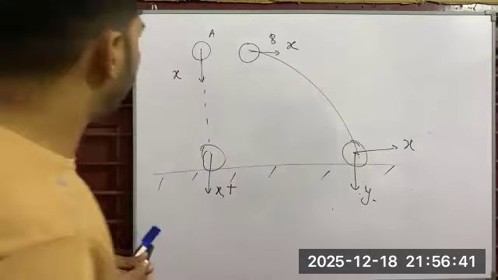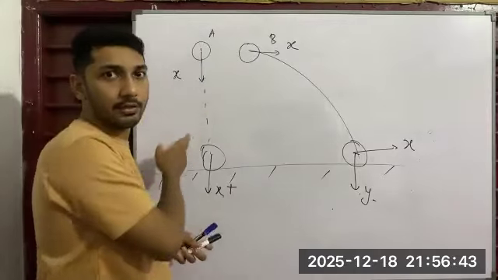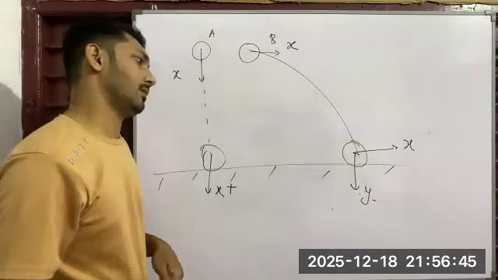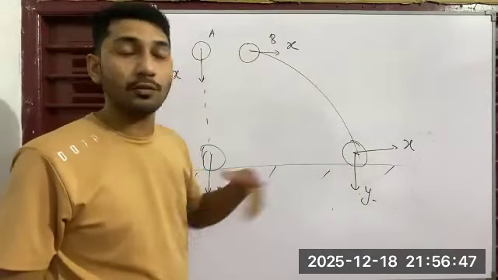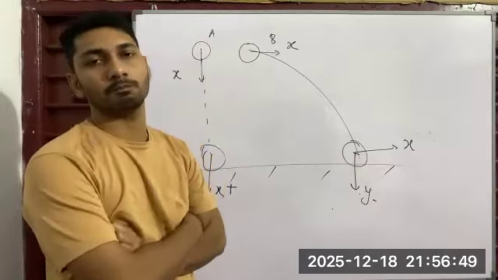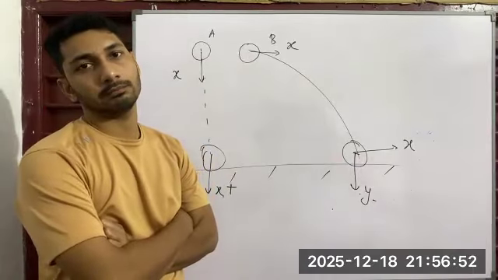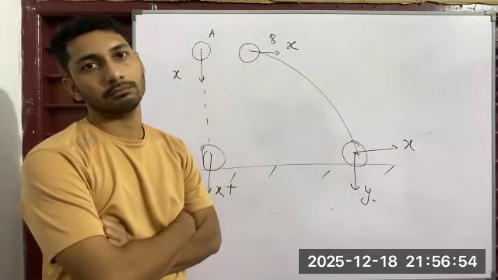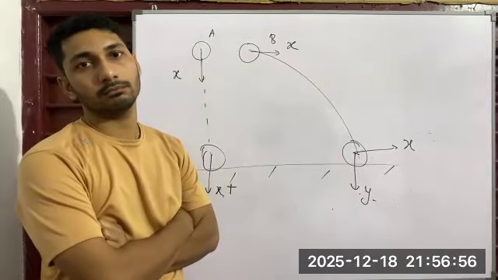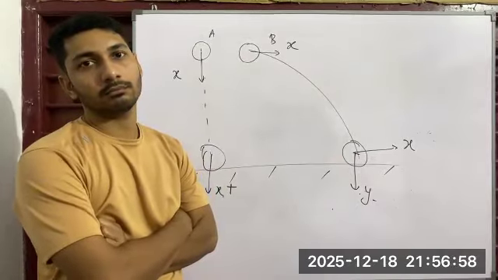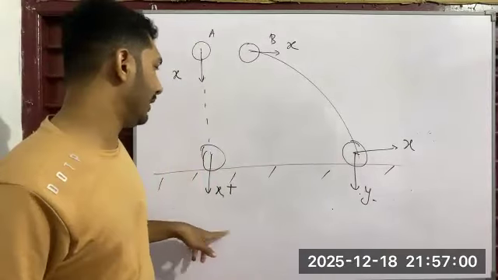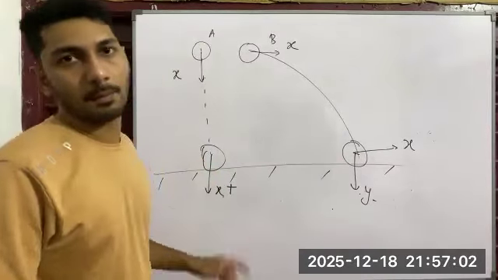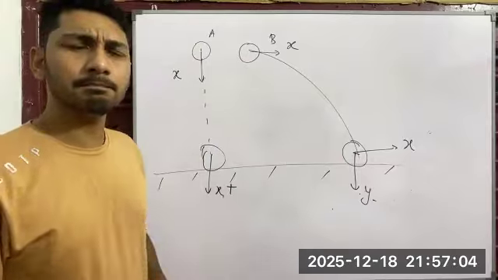So how can you compare the increase of velocity here and the increase of velocity here? Which will have a greater final velocity, this or this, same height.